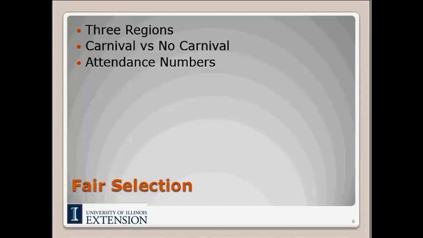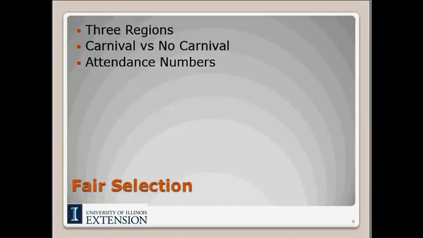We wanted to do at least 1 fair in each region that had no carnival, because roughly that 20% figure is kind of the overall figure for the state. And we also wanted to balance it between attendance numbers.